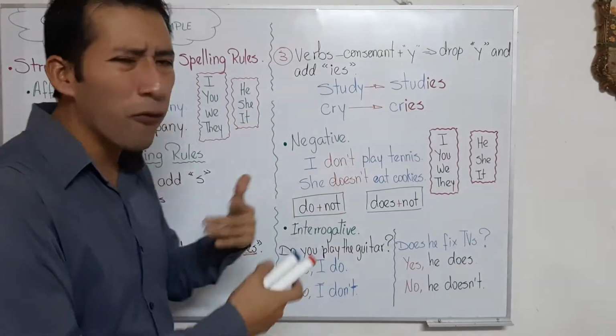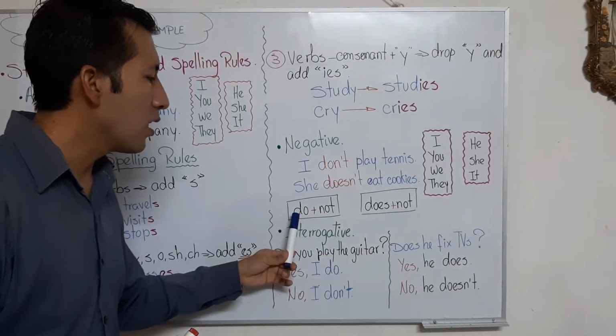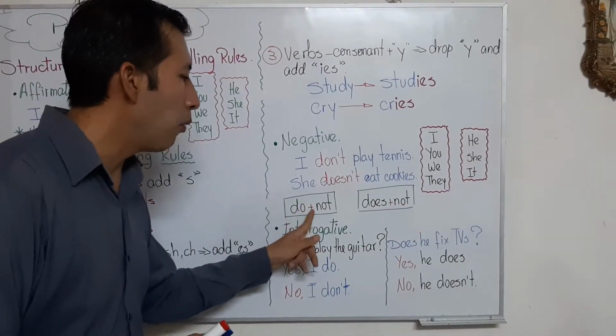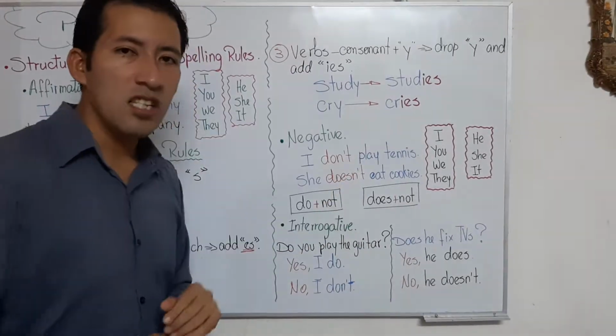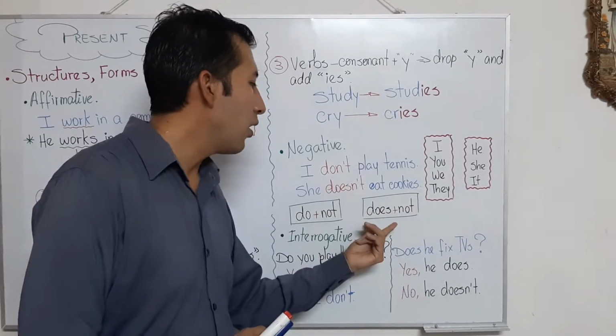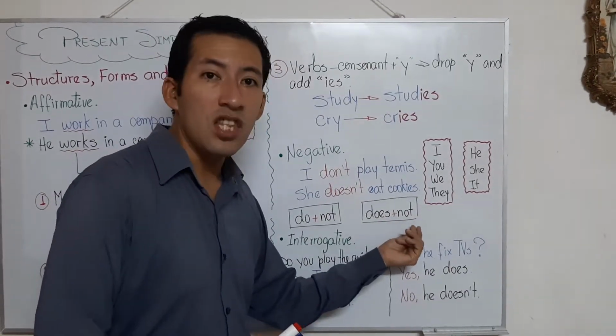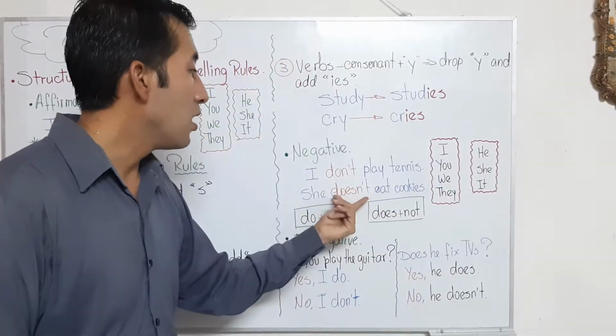But how can I form these contractions? Don't is the result of do plus not. Do not, we use don't. And doesn't is the result of does plus not. Does not, doesn't.